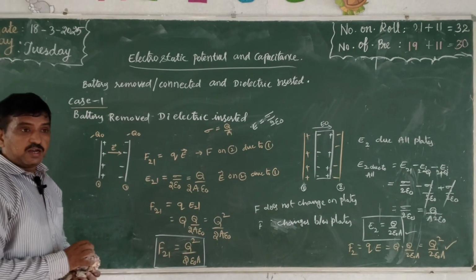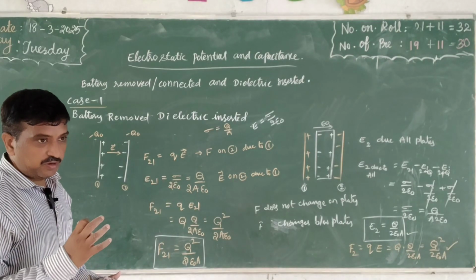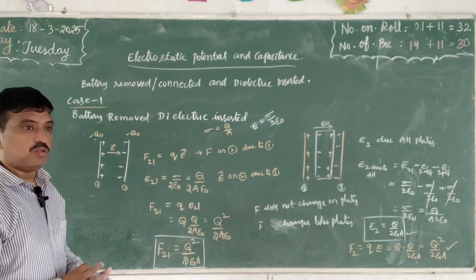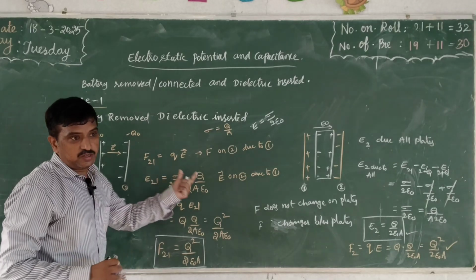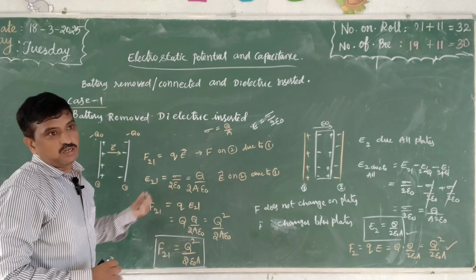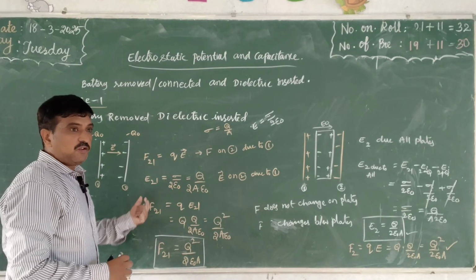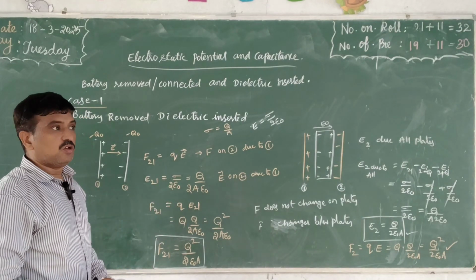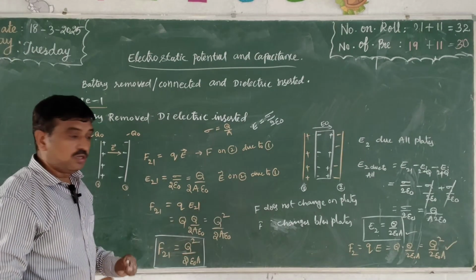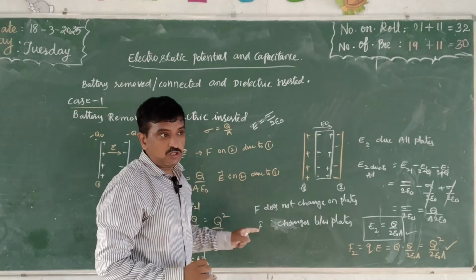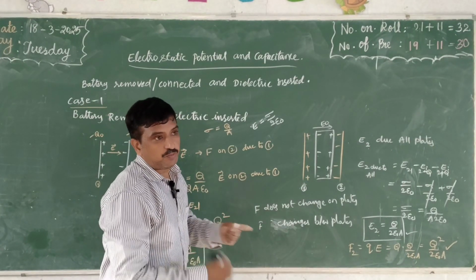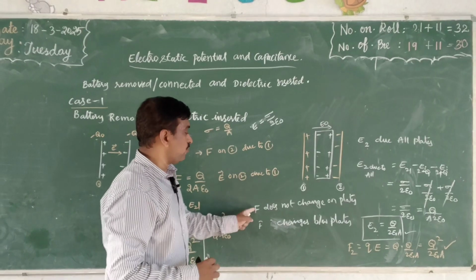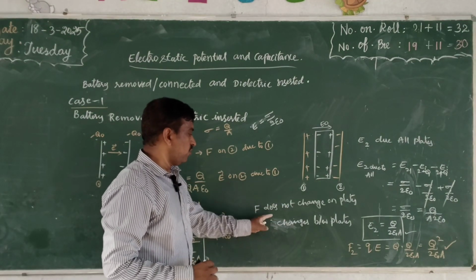When a dielectric is inserted between the plates and the battery is removed, the capacitance increases by k times, potential decreases by k times, electric field decreases by k times, potential energy decreases by k times, charge is constant, and force is also constant. Force changes between the plates, but the force on the plates does not change.